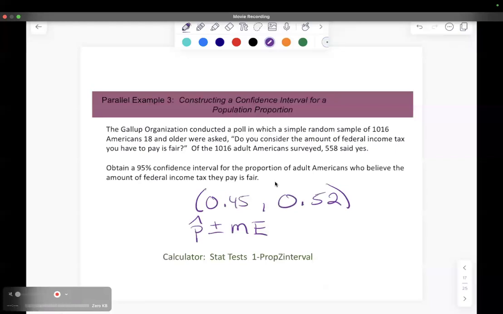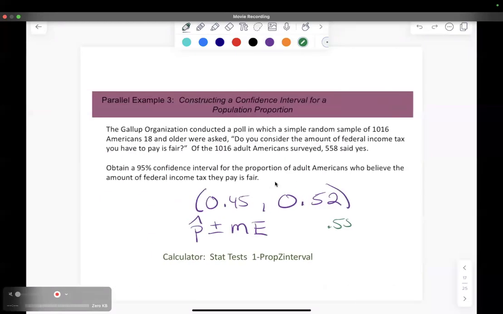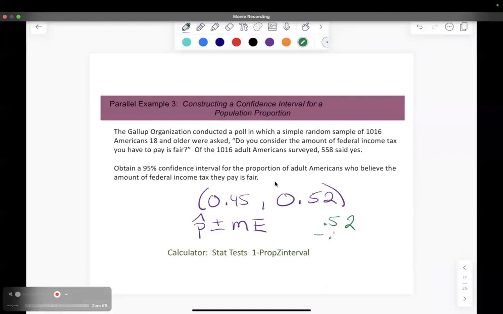What you need is the halfway point to get your p hat. So what I would do is 0.52 minus 0.45, which gives me 0.07. If I divide that by 2, I'm going to get my margin of error, 0.035. This would be my margin of error.